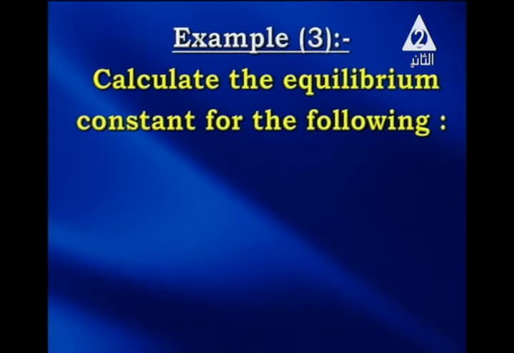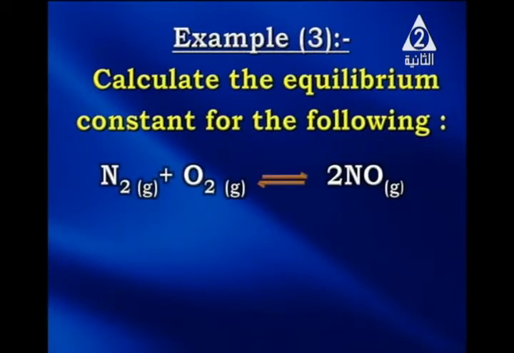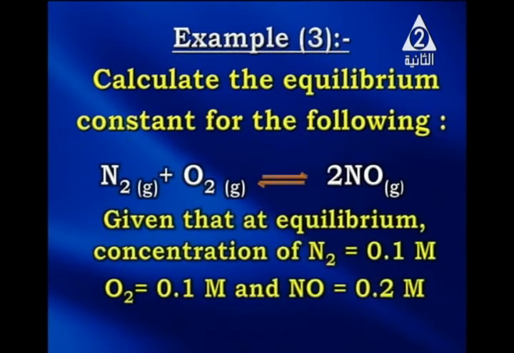Another example, my dear students. Calculate the equilibrium constant for the following reaction. Nitrogen plus oxygen gives nitric oxide gas. Here, the equilibrium concentration of nitrogen gas equals 0.1 molar and oxygen gas 0.1 molar and nitric oxide equals 0.2 molar.